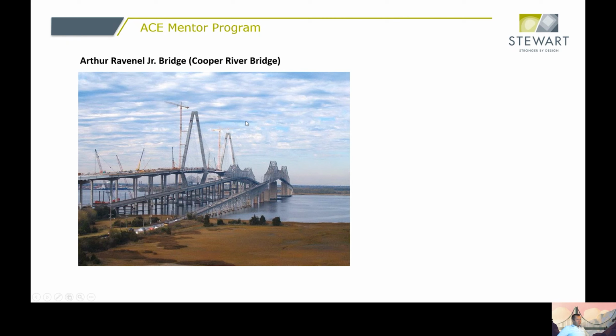The reason for this bridge is that the shipping channel to the left of the image you see here needed to get larger boats through. And the two bridges that you see off here on the right, those are cantilever truss bridges. So you couldn't get the largest boats under these bridges over to where they needed to deliver their cargo.